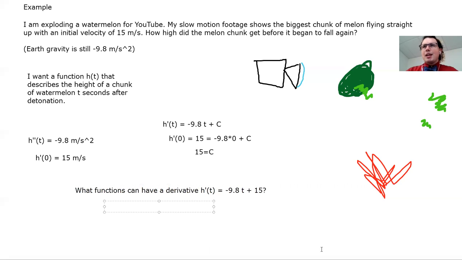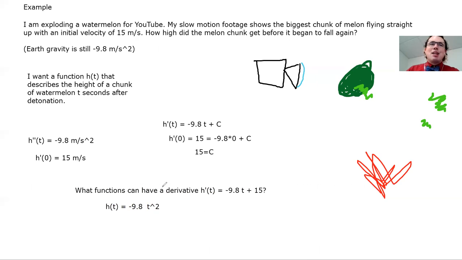Well, the only function that can have that as a derivative, using my antiderivative rules, I'm going to have a quadratic term. This will be negative 9.8 divided by 2 times t squared.